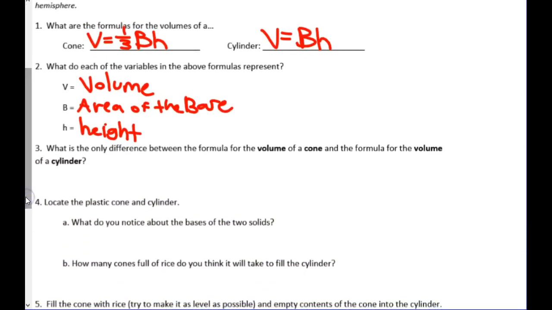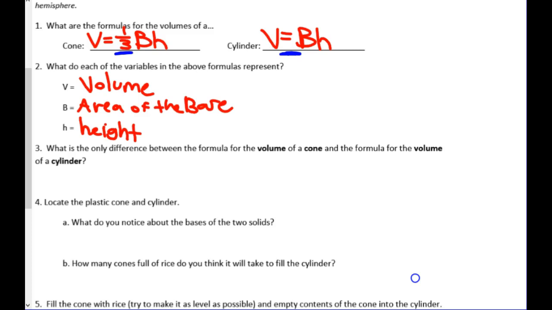Now, this next part is the interactive part. It says, what is the only difference between the formula for the volume of a cone and the formula for the volume of a cylinder? So you tell me, what's the only difference you see? 1/3, because they both have BH, but 1/3 is missing, right?